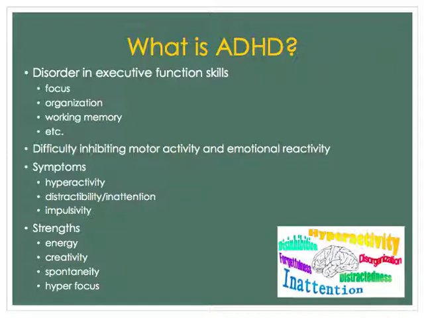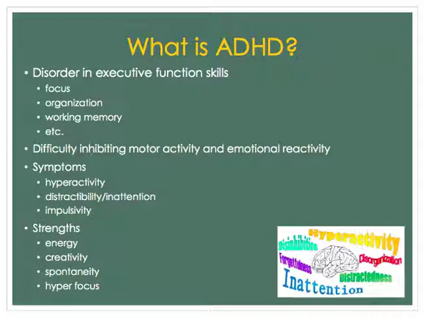Also, students with ADHD tend to overreact to situations. Something like going out to recess a minute late, most kids are like, okay, but that might cause a meltdown for a student with ADHD. So their emotions tend to be overstated.